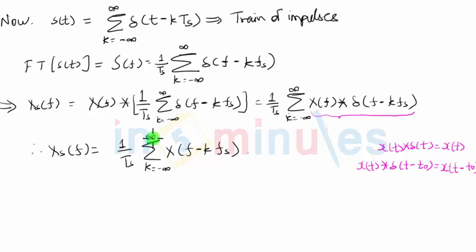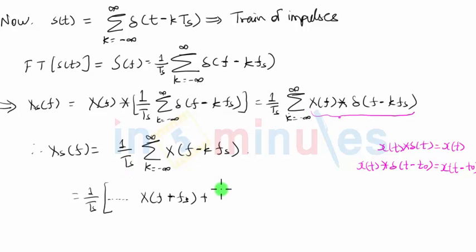So you can see suddenly the sampled version of the signal has a Fourier transform. The Fourier transform of the sampled version of the signal is in the form of the original frequency spectrum X(f). If I keep that 1/Ts outside, and expand this summation for a few values of k, let's say first I put k equal to -1, you get X(f + fs).